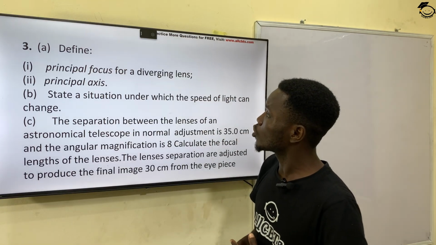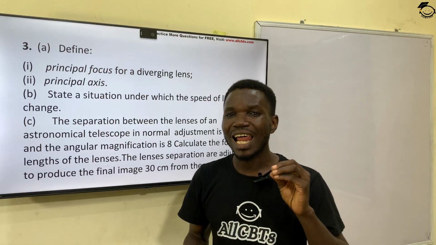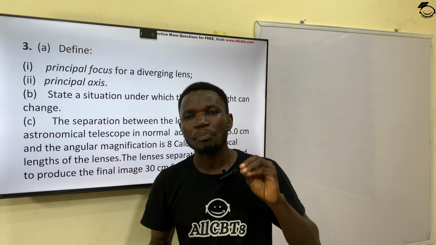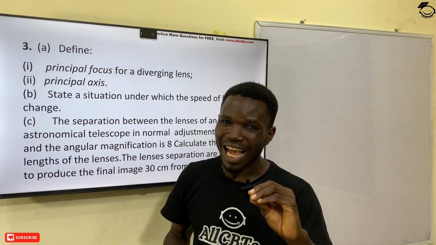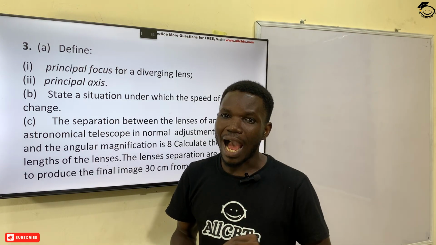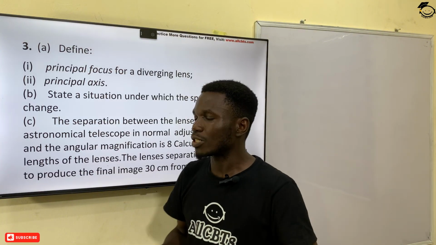Now, figure 2 says, what is the principal axis? The principal axis is a straight line that passes through the optical center of the lens and the center of curvature of the lens. What do I mean?